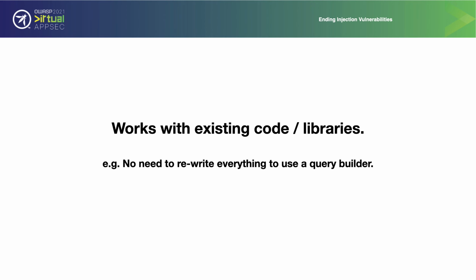But if it requires you to rewrite huge sections of code, and it's not going to actually improve your security by doing so, that's a lot of work, and therefore it probably won't help with adoption. So we've gone with this approach, which does support concatenation of literal values to aid adoption, to make it easier.